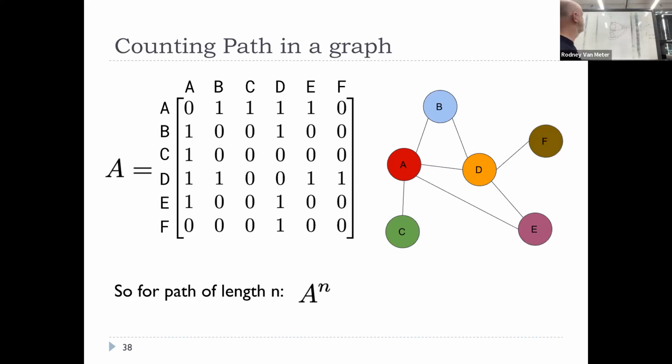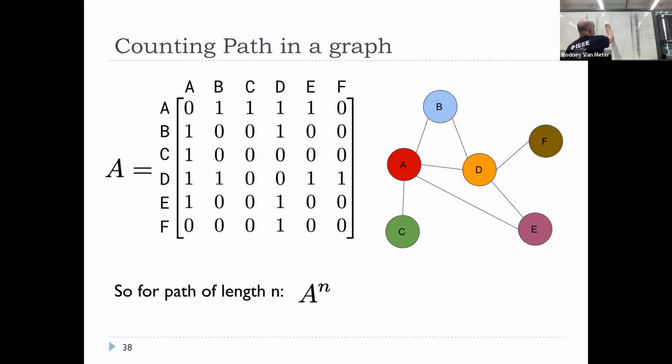Here's a question for you, which I don't think is actually covered in the slides. Let me do a slightly bigger graph here. I don't want to do the whole 6 by 6.